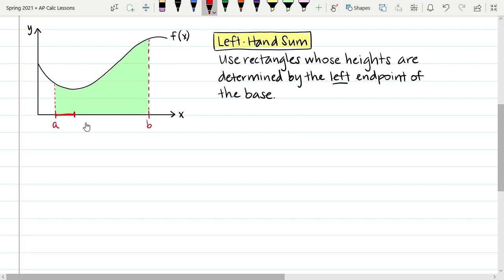Now, the height of that rectangle for a left-hand sum will be based on the function value at the left endpoint of the rectangle. So here's the base, here's the left endpoint, and if I go up, that is going to be the height of my first rectangle.